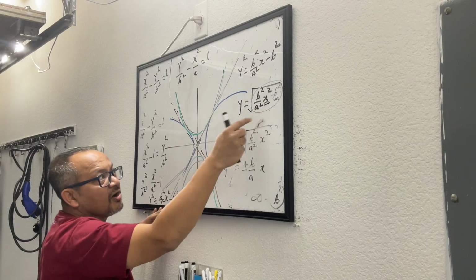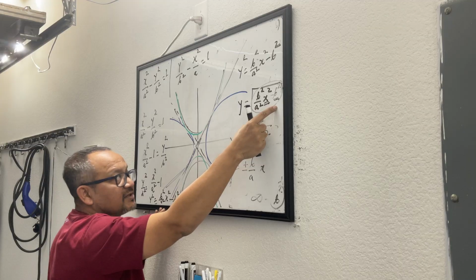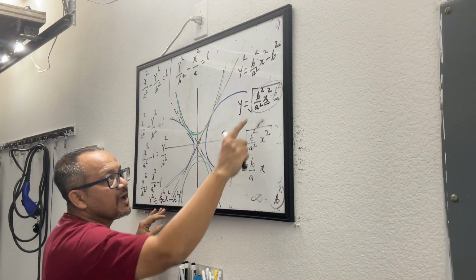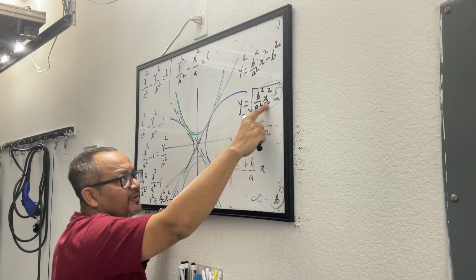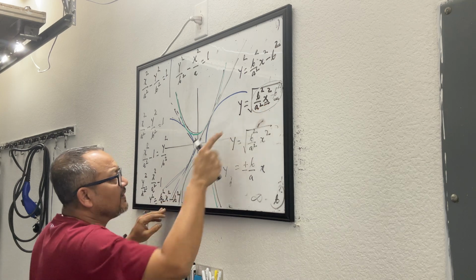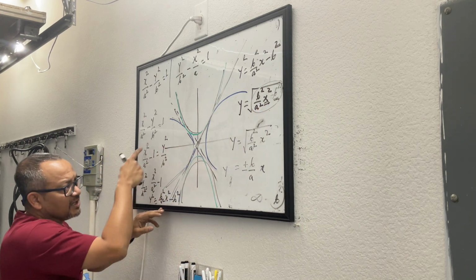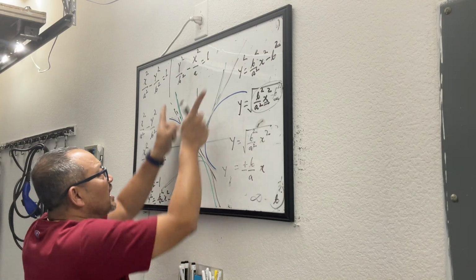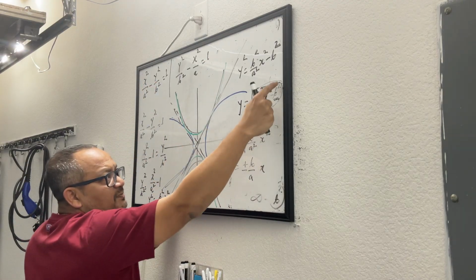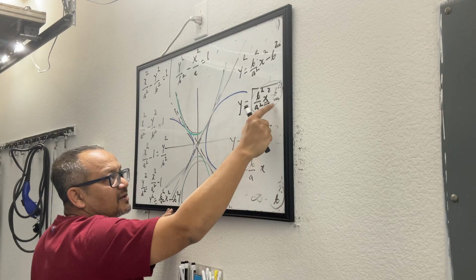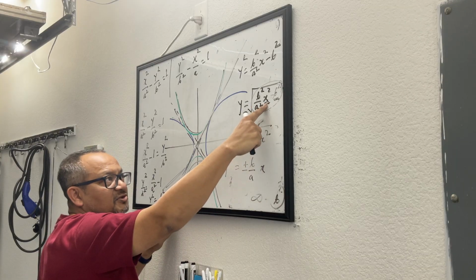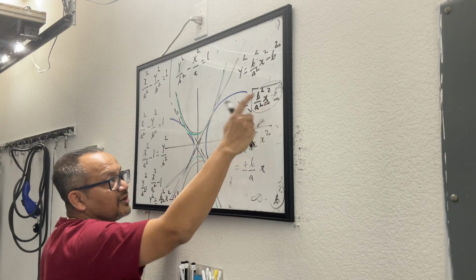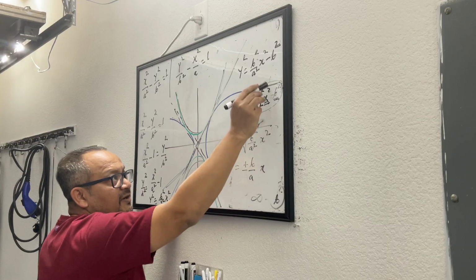This is how I'm able to relate y with x from this equation. For a very large value of x or very small value of x, meaning negative infinity, in both cases, what is happening to y? This part will become very insignificant. If x is very large, positive infinity or negative infinity, the square of that will get you infinity only.